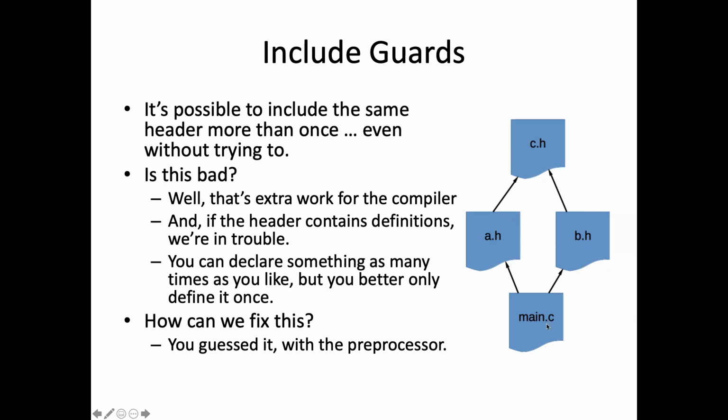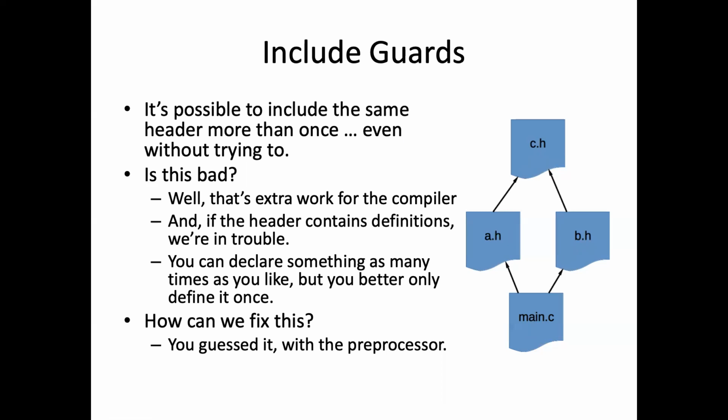When you compile main, the preprocessor is going to go get a copy of a.h, and when it sees the include of c.h, it'll get a copy of c.h. And then later, further down in main, when the preprocessor goes and gets a copy of b.h, it'll get another copy of c.h. So the same code for c.h would show up twice when you're compiling main.